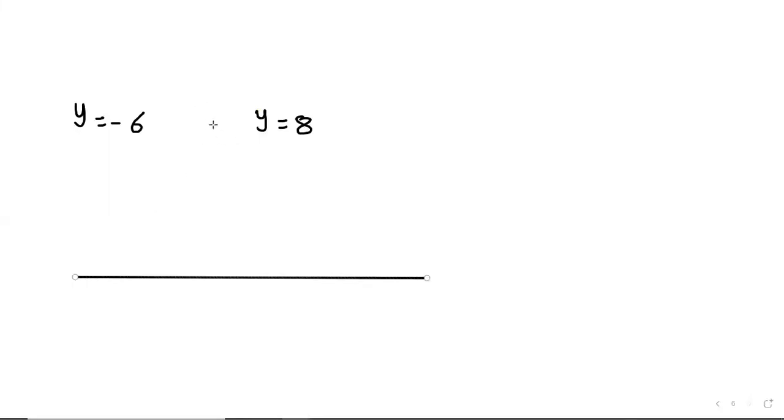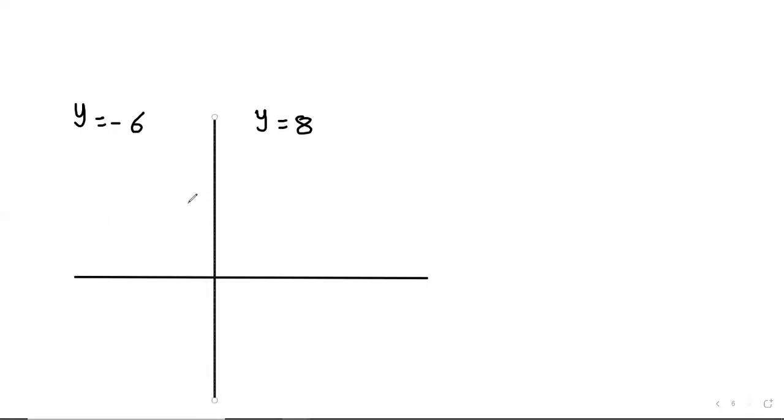If the two straight lines y equals -6 and y equals 8 are two tangents to the circle M, then its radius length equals what units? Here we have an equation, so let's analyze it. y equals -6.